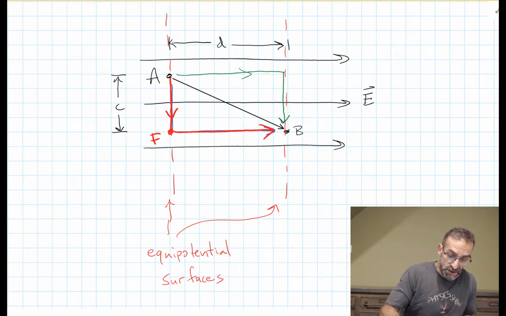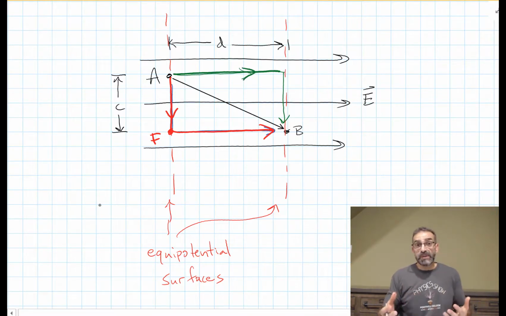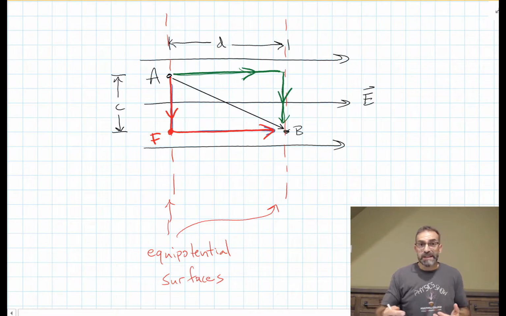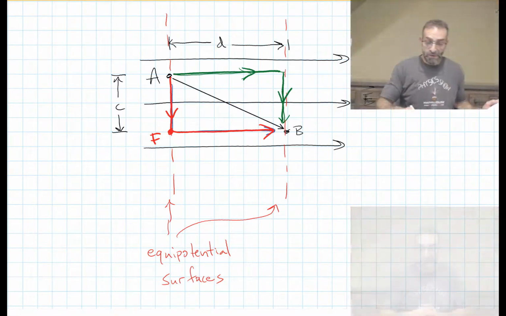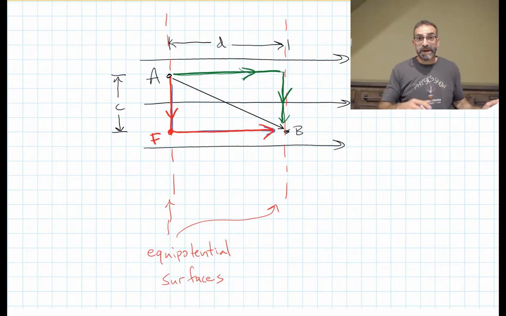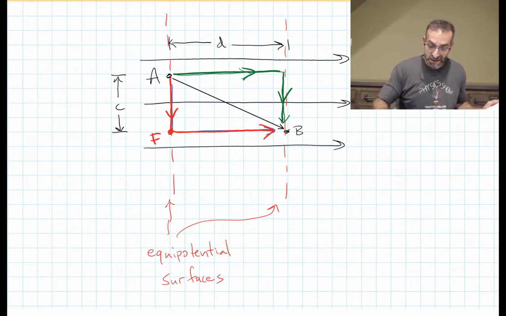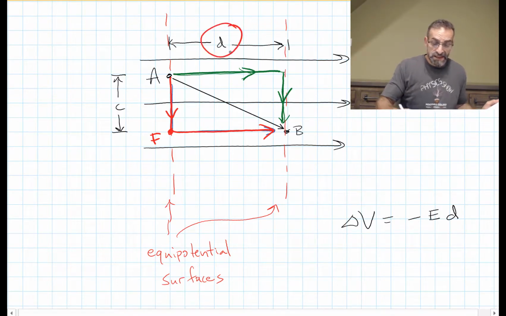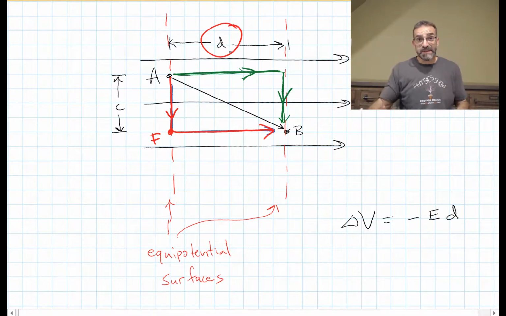Same is true if we took this other path. Going across this way, the field does work, but moving perpendicular to the field, no work is done, no change in electric potential. So for all three of these paths between points A and B, what's the potential difference? It's the electric field times d, the distance between those equipotential surfaces.